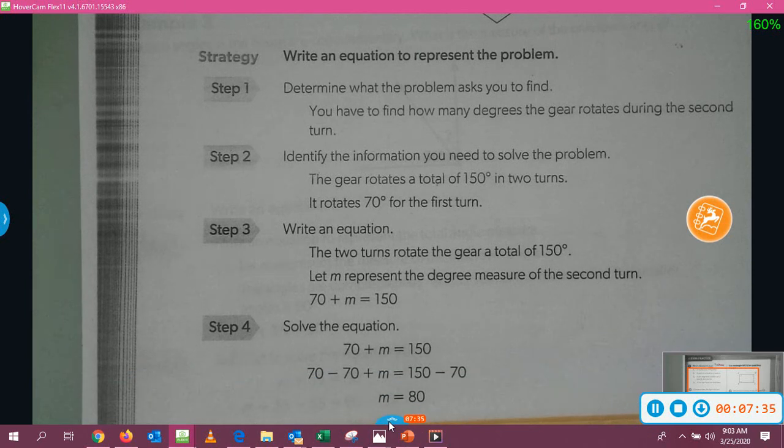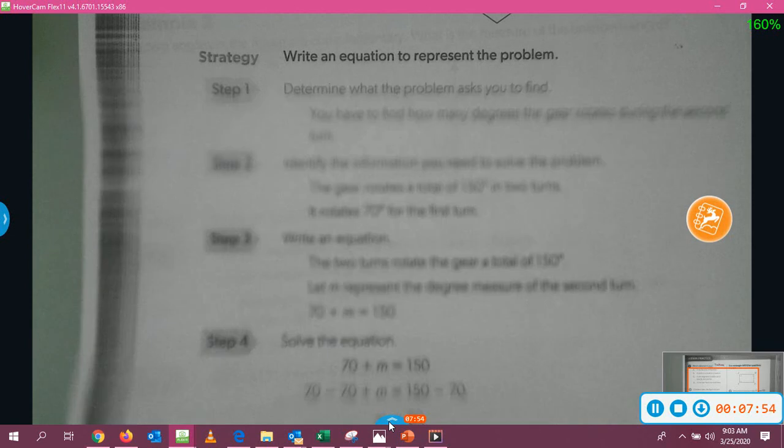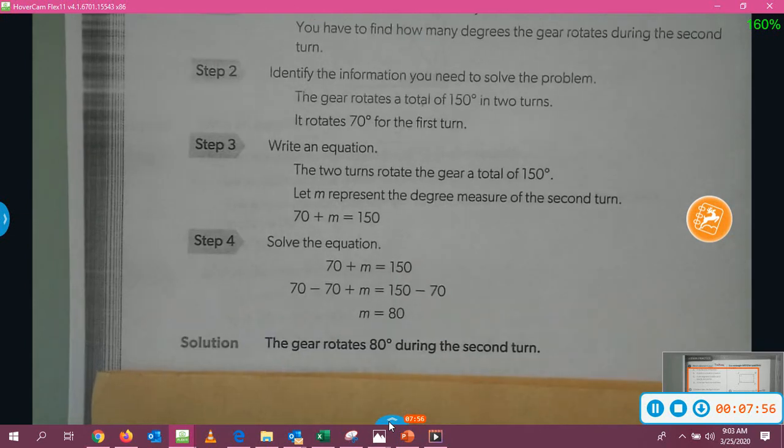M equals 80. You right? Good job. I know you, because you're a smart group. Alright, so the solution, put it in a sentence. The gear rotates 80 degrees during the second turn.